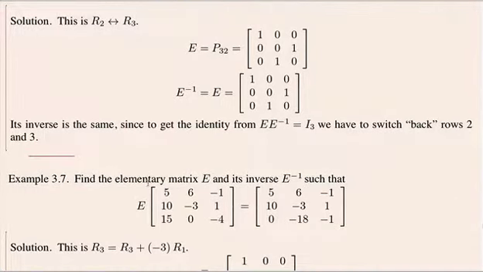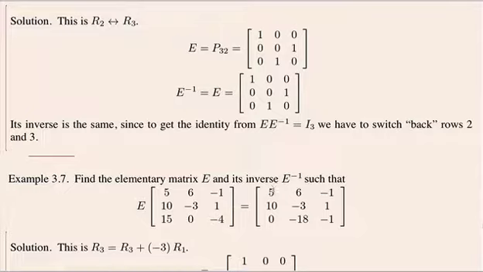Next example, find the elementary matrix E and its inverse E inverse such that E times this matrix equals this other matrix. So now the first two rows are unchanged, and in the third row, we get the 0 here in the 3-1 entry instead of 15. So how can we get 0?